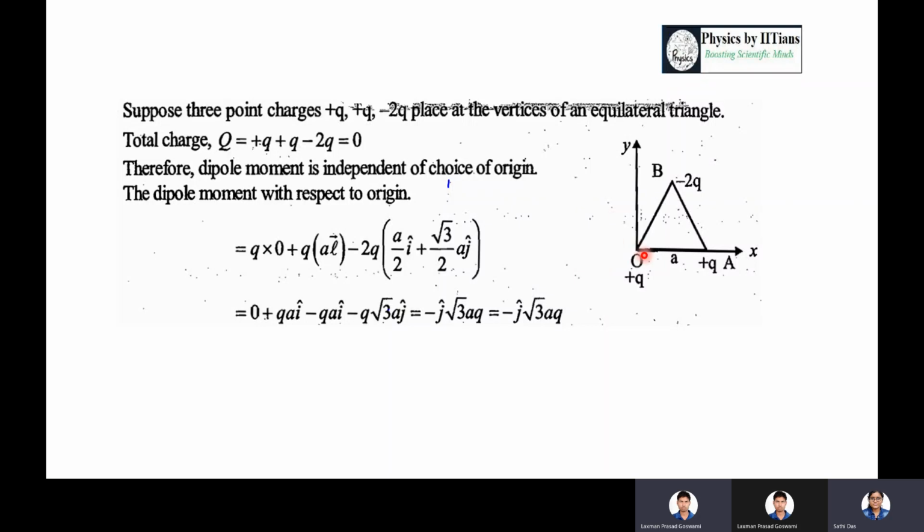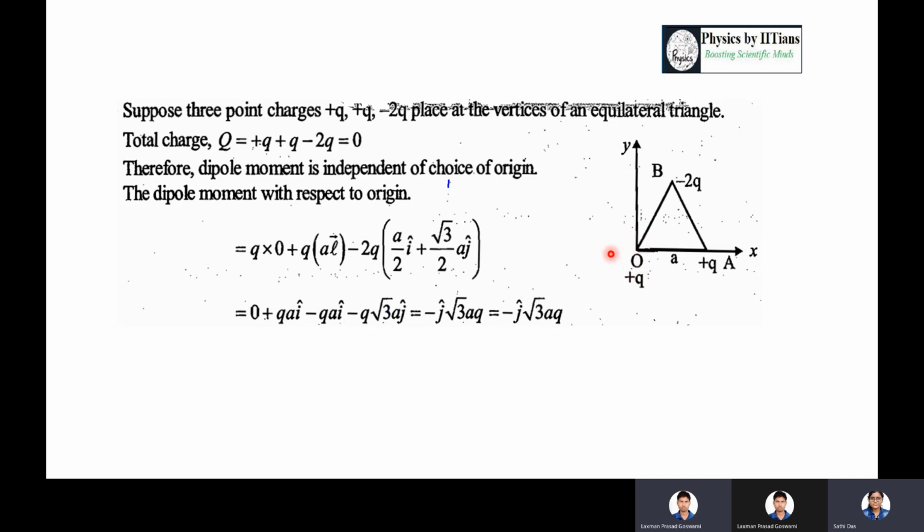Okay, so you may choose the origin here or anywhere else, but it doesn't matter, the choice of your origin will not affect the result, and we have already discussed this in our dipole moment and dipole calculation video. So here, for easier, simpler calculation, we choose the origin at point plus q.